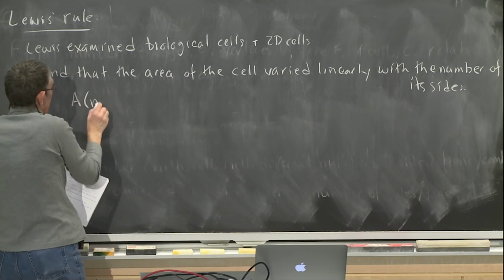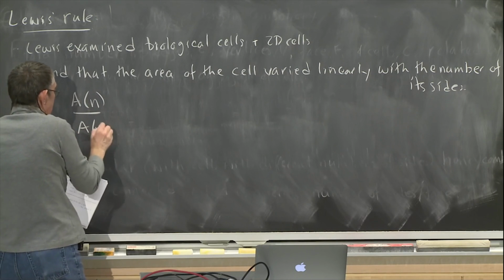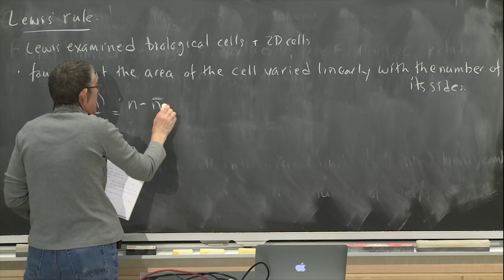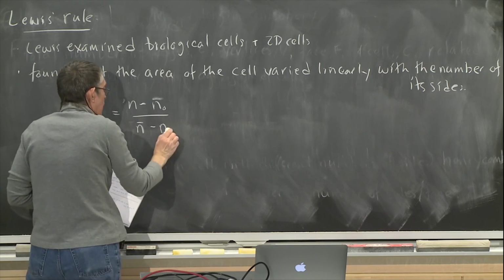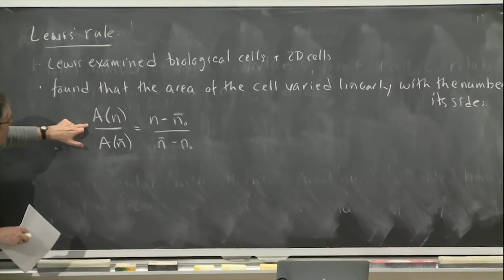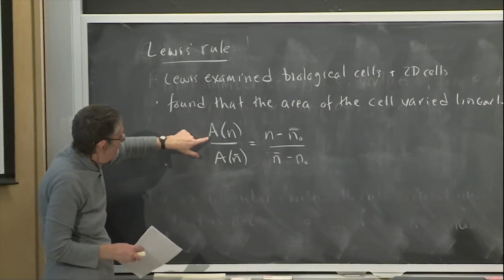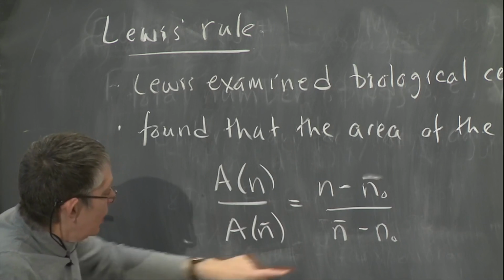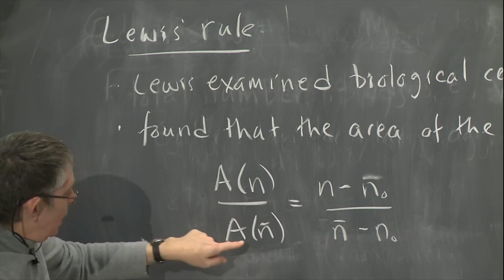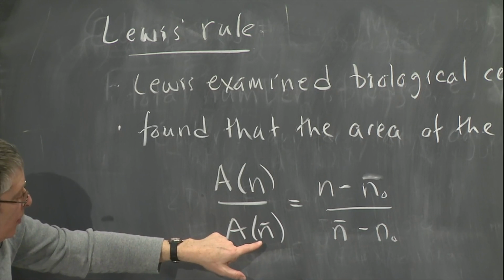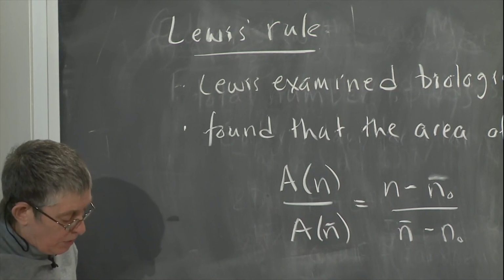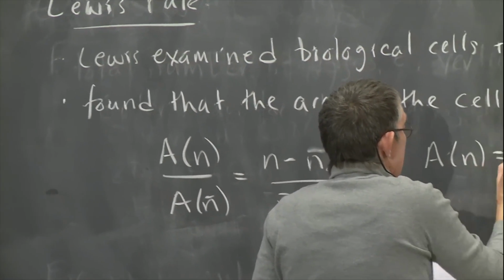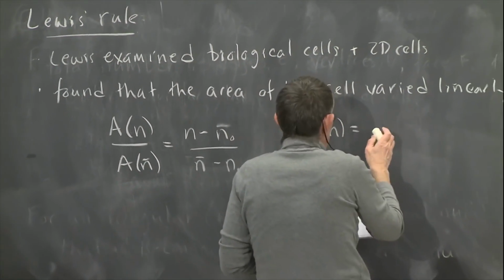And he found just an empirical relationship that looks like this. And I'll say what everything is in a minute. So he found that the area of a cell with n sides, that's A_n, was linearly related to the number of sides, so that's n over here. N naught's just a constant, and A_n bar is the area of the cell with the average number of sides. So here A_n is the area of cells with n sides.